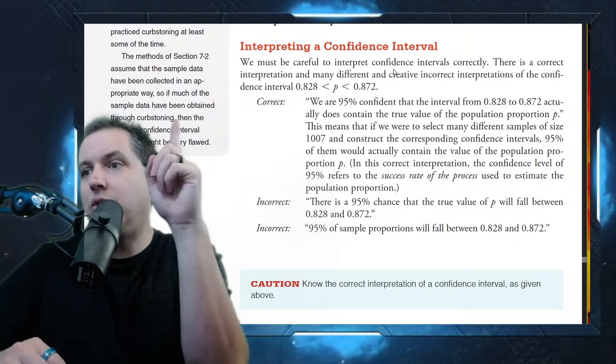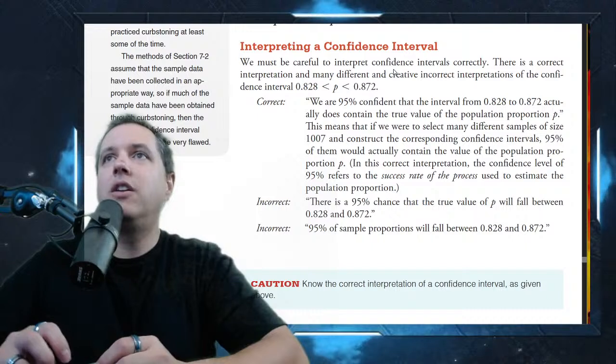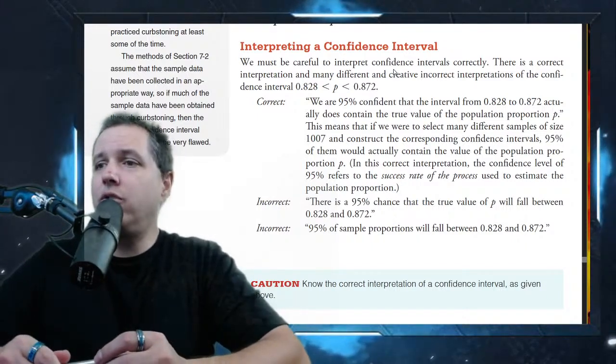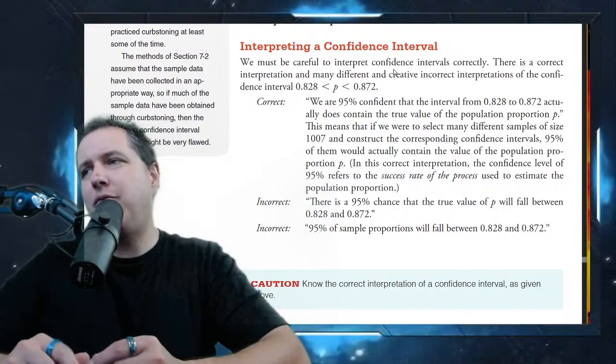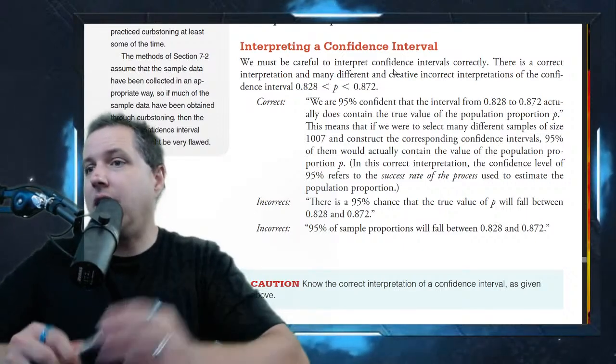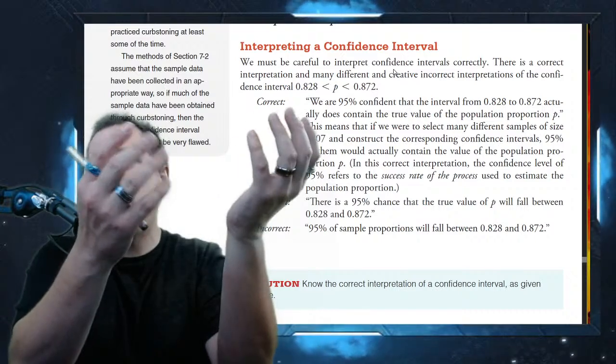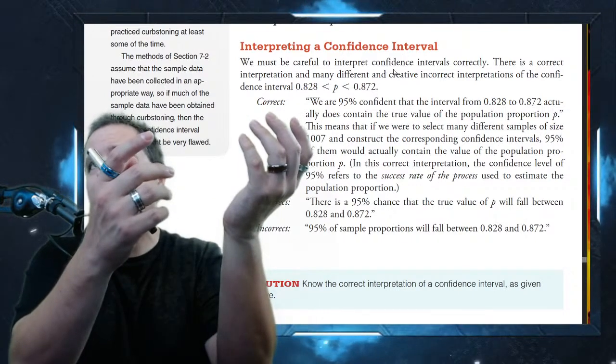So out of every 20, one would actually not do it. So if we had the whole class do confidence intervals, we'd probably get 2 people whose confidence intervals were incorrect. Like it didn't actually contain the true proportion, because that's one out of 20, right?